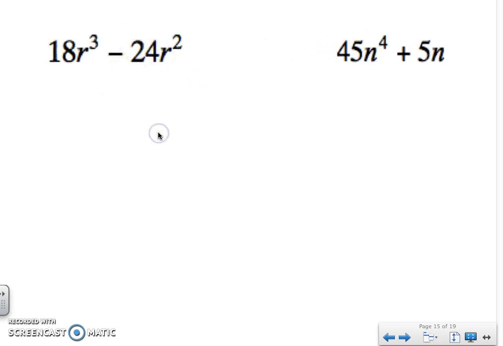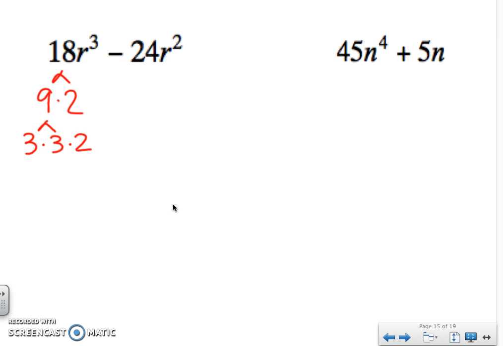If they've got two terms, that means we can't do our T-chart or anything, so we have to find a GCF and pull out the GCF. So first thing is to see what goes into 18, which would be 9 times 2, and the 9 is 3 times 3 times 2.